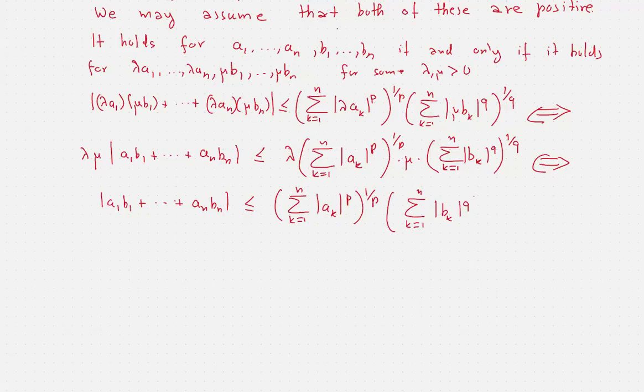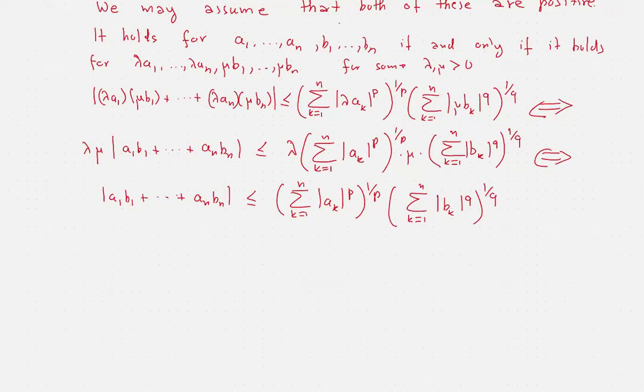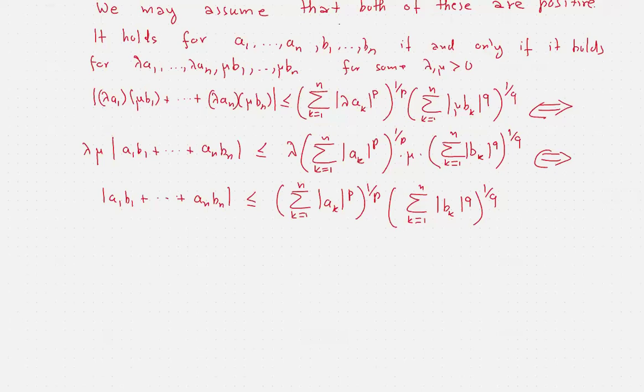And pretty much what we do is we take lambda to be 1 over the sum from k equals 1 to n of ak to the p, to the 1 over p power, and mu to be 1 over the analogous quantity for the bk.